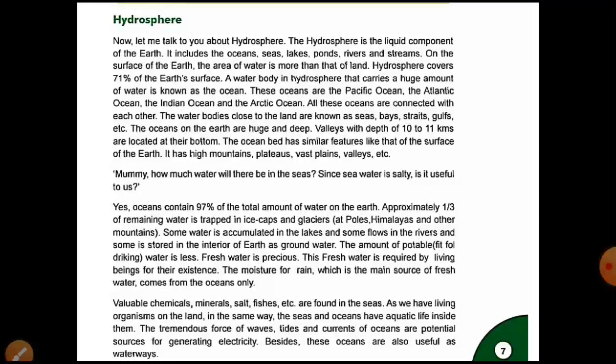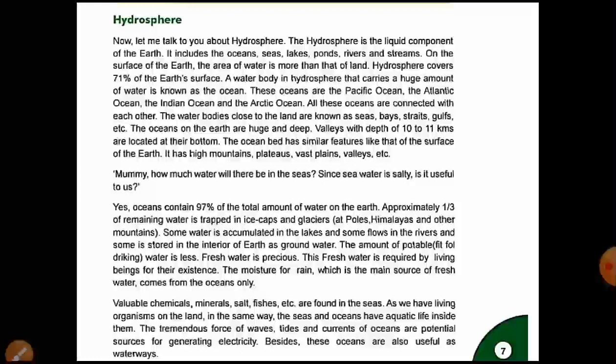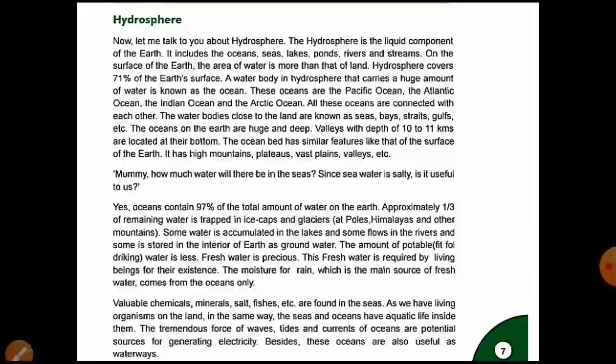It has high mountains, plateaus, vast plains, valleys, etc. Whatever physical features we can see on the lithosphere, the same features are located inside the water bodies, inside the oceans.